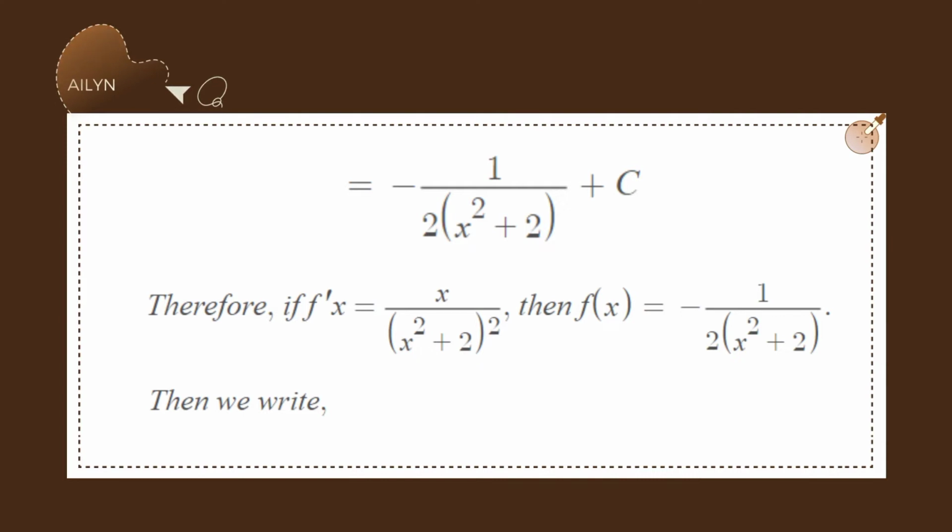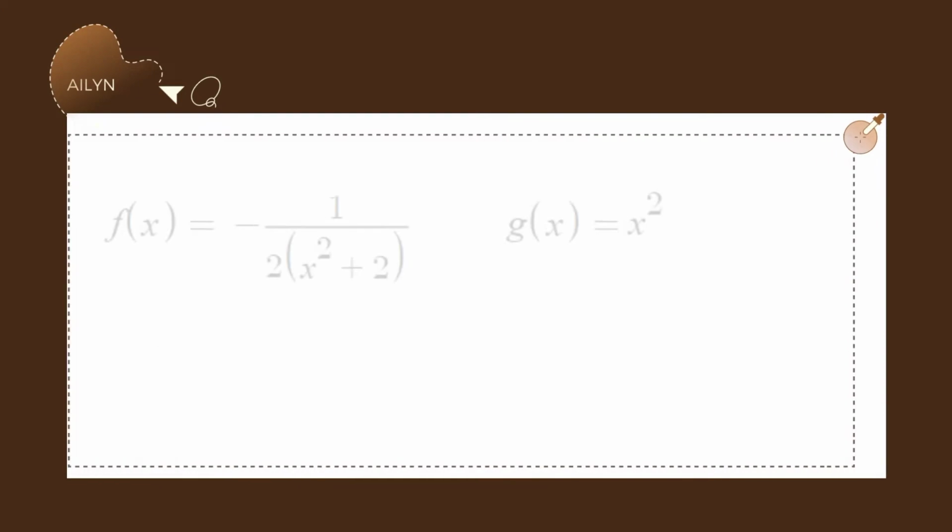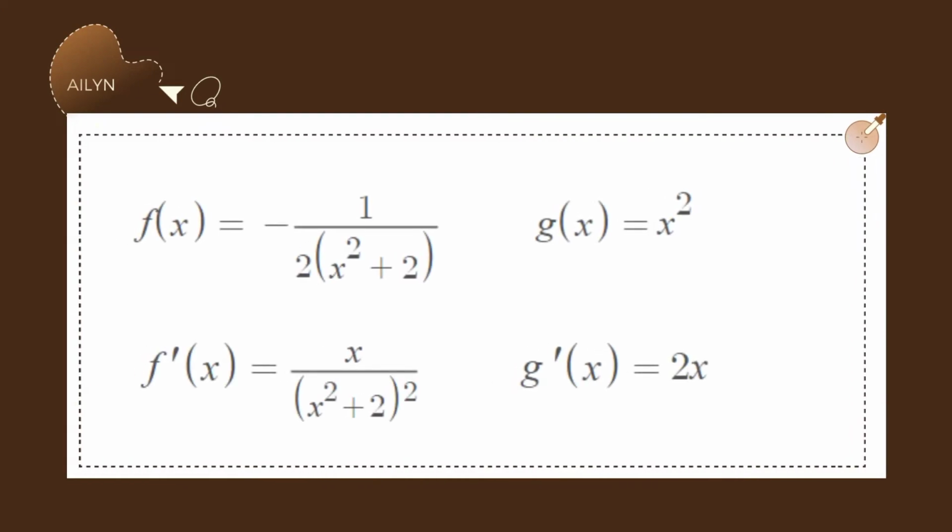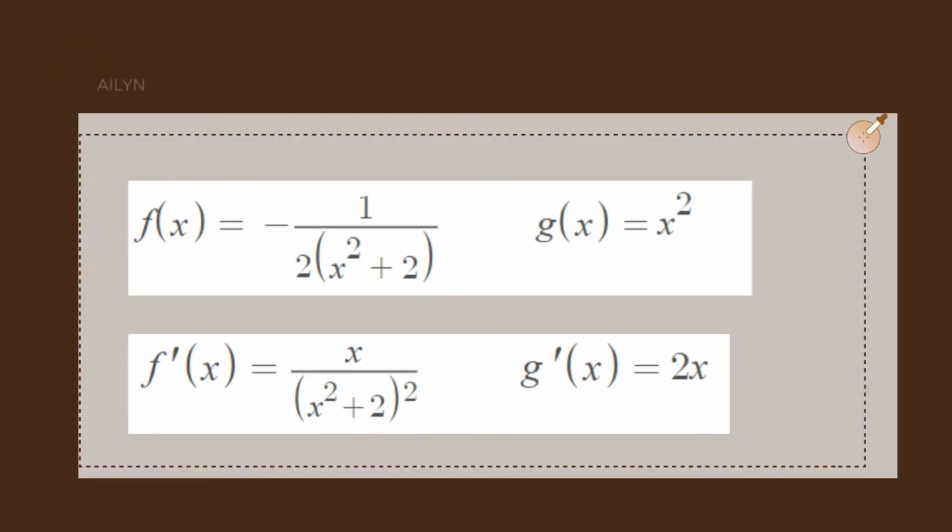Proceeding with the integration by parts, we write f of x equals negative 1 over 2 times x squared plus 2. The first derivative of f of x equals x over the square root of x squared plus 2. G of x equals x squared, and the first derivative of g of x equals 2x.